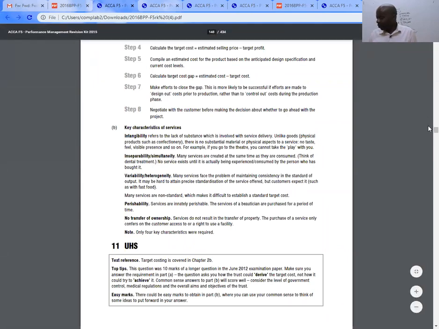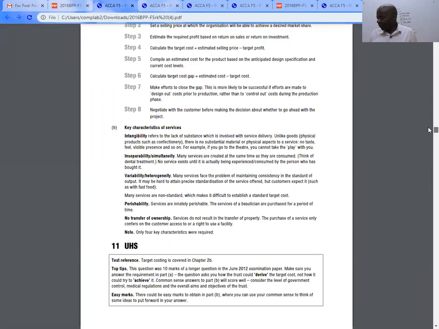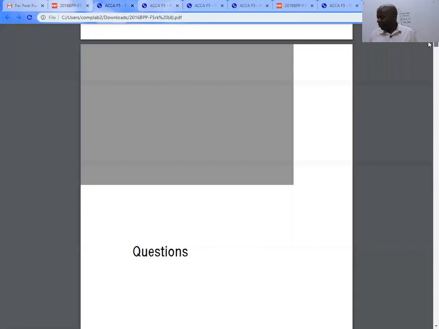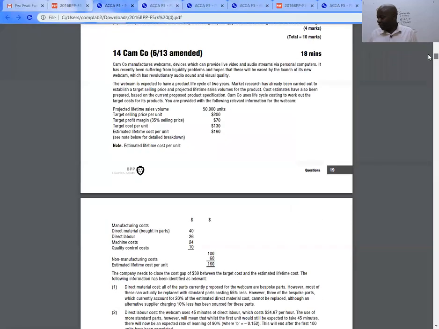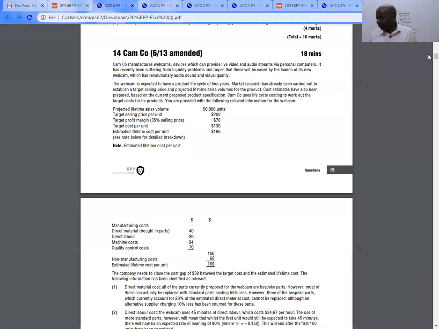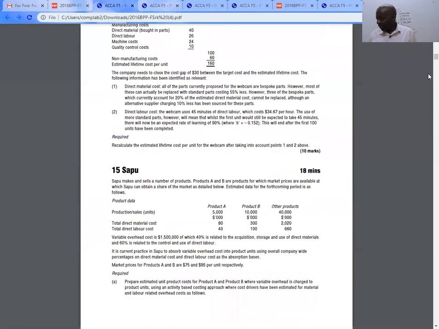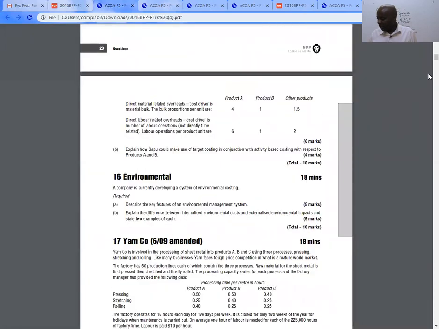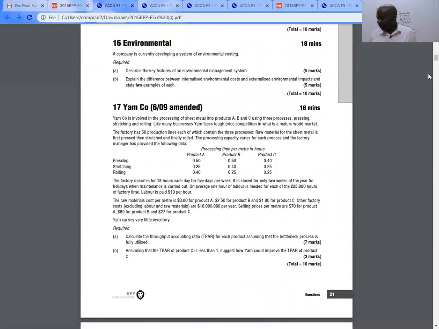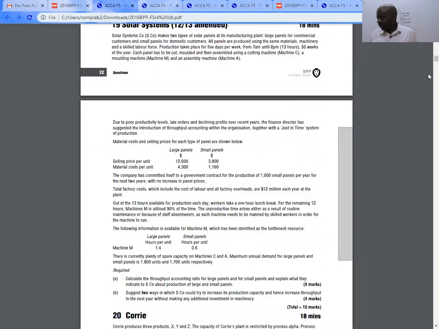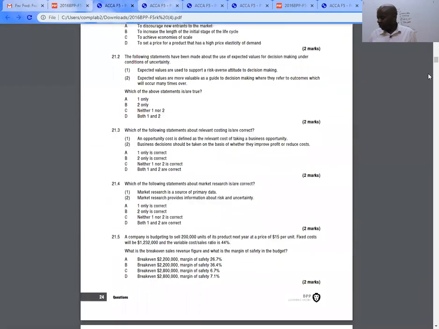So I would want you to go to your past papers later on and do a question on this concept of target costing and life cycle costing.